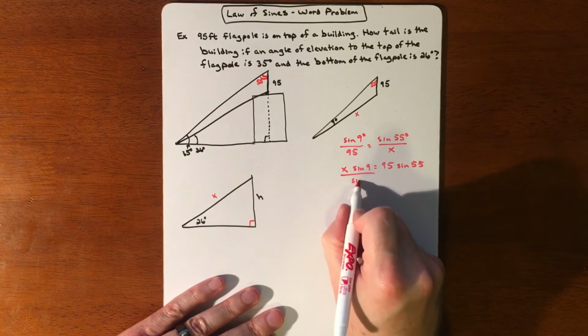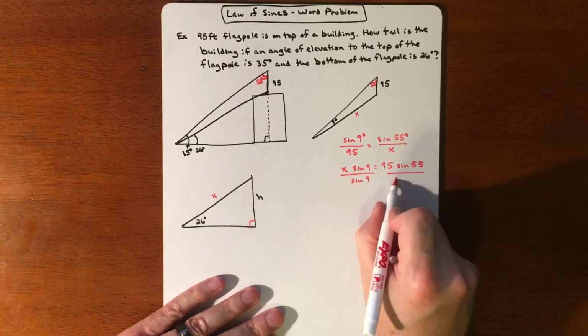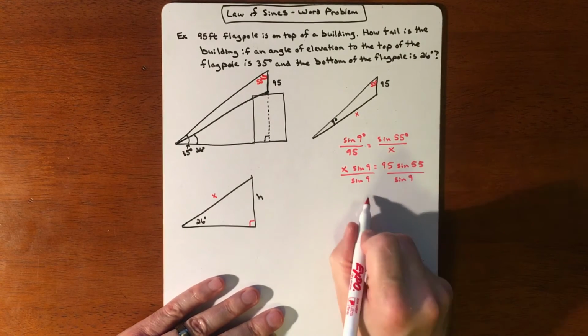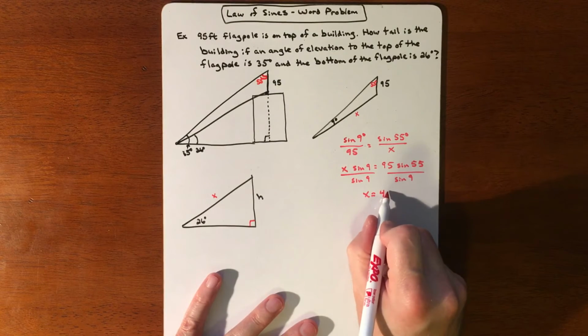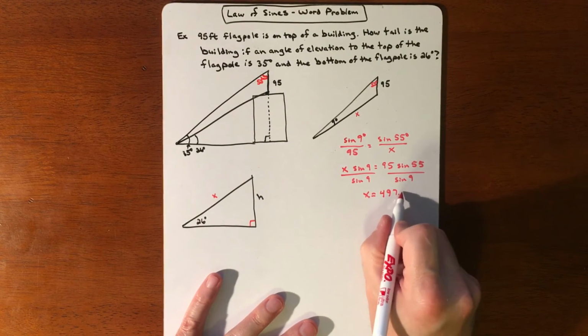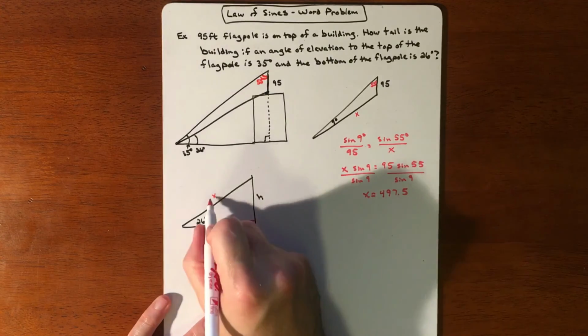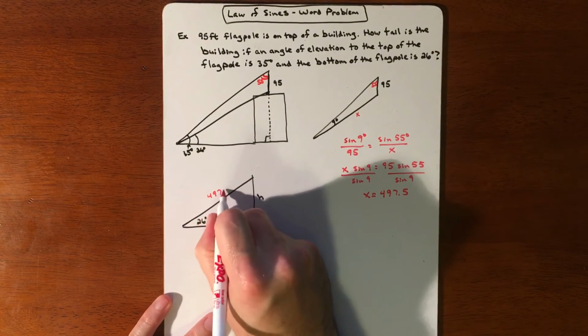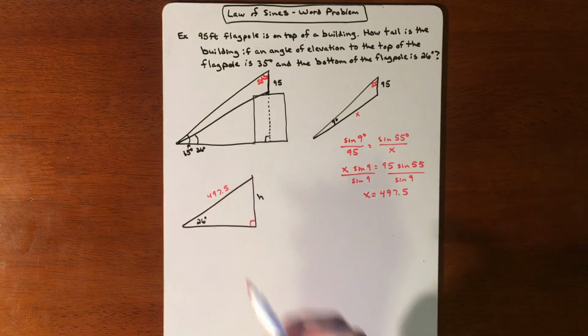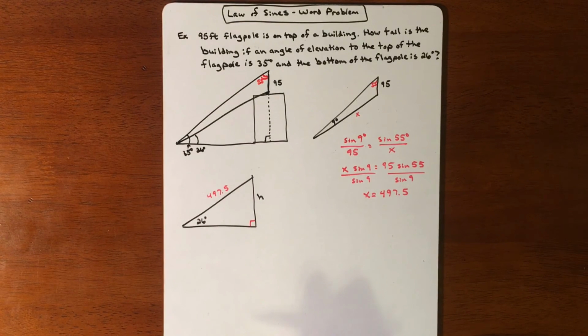Divide by sine of 9 degrees, and that gets our x to be about 497.5. So I now have this value as 497.5, and now I can use some basic right triangle trig to solve the rest.